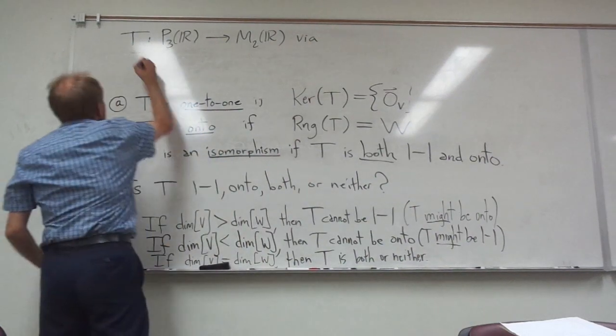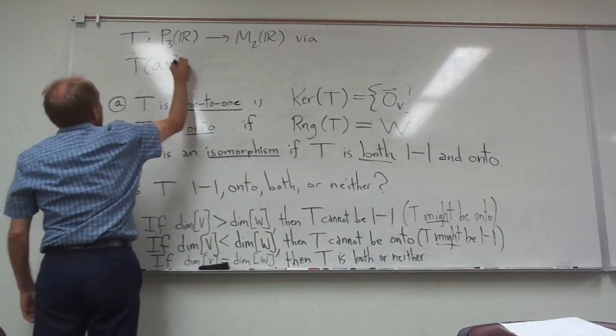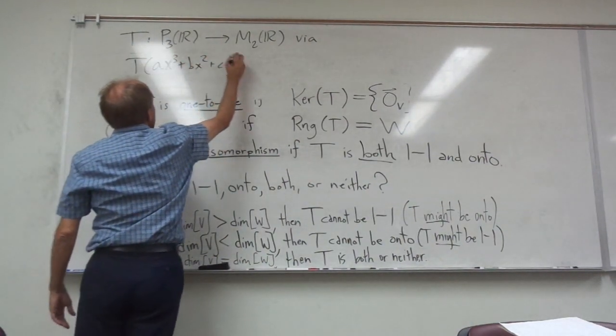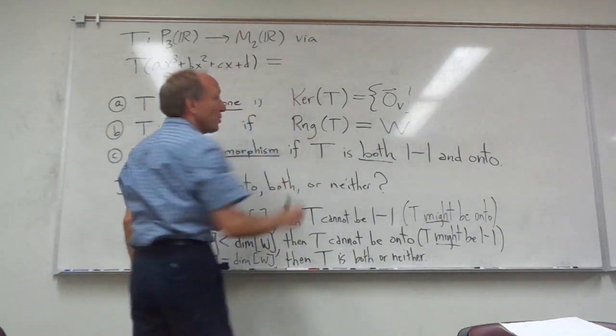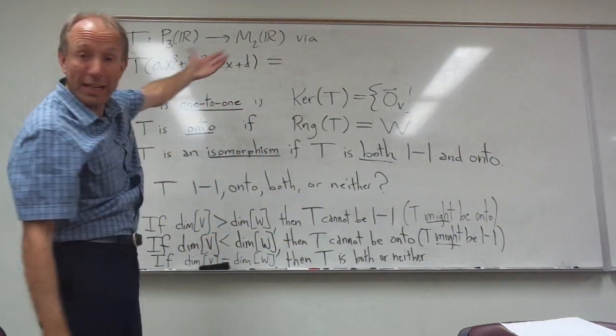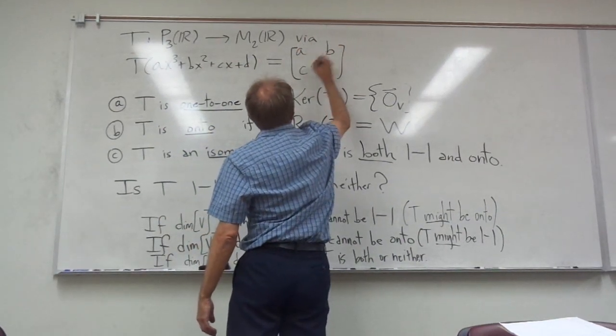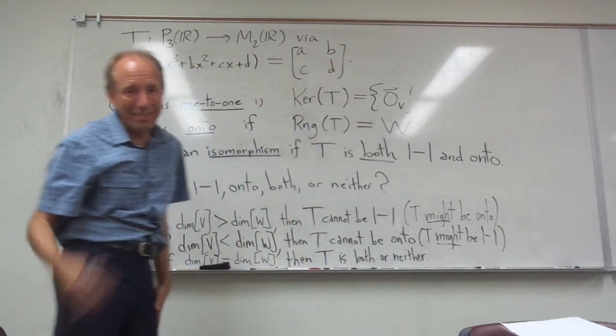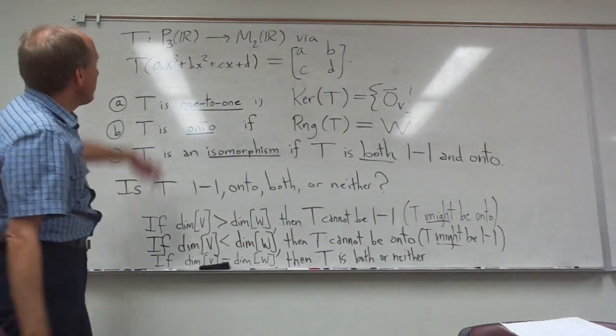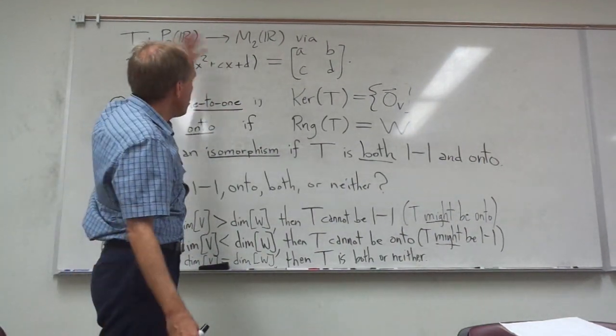So this is both or neither. Whatever I do is going to be either an isomorphism or neither. I could take a cubic polynomial and spit out just the coefficients A, B, C, and D. That would be a great example of a transformation between these two spaces.